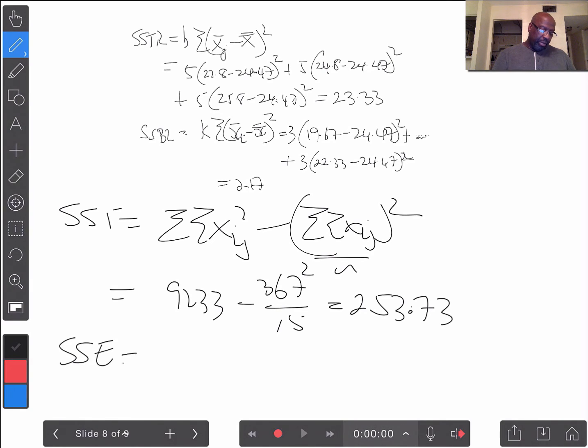SSE would be SST minus, remember I mentioned that we would take away the sum of SSTR plus SSBL.